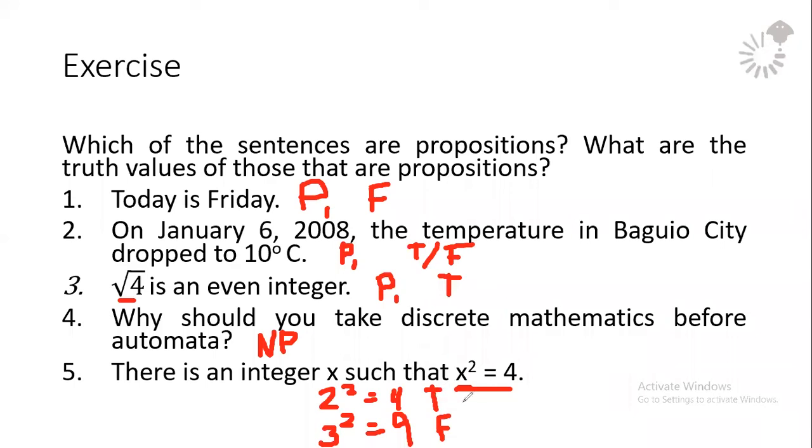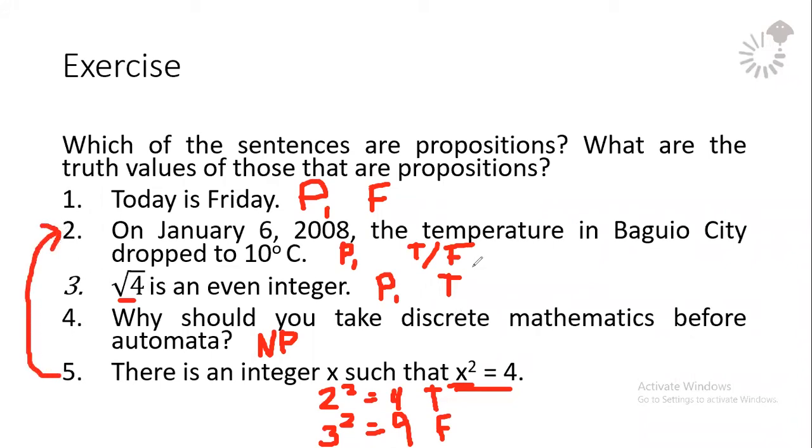Meaning, nagiging inconsistent kung true siya or truth value depending on the value of x. Sabi, propositions can be true or false, not both. And dapat definitive siya.